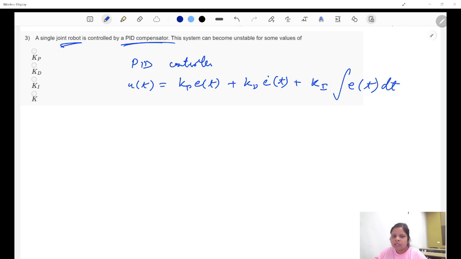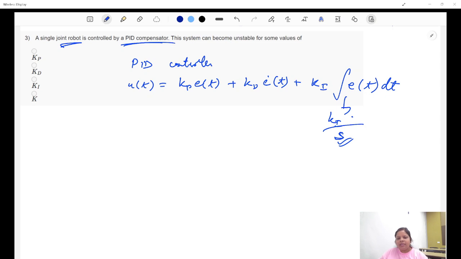Adding a PID controller actually increases the order of the system because we have an integrator coming in here. The integrator's Ki upon S term actually increases the order of the system, and it may destabilize it depending on the gain values.